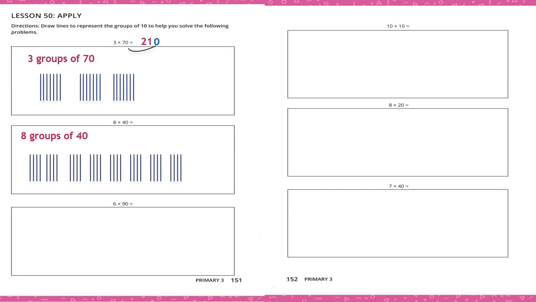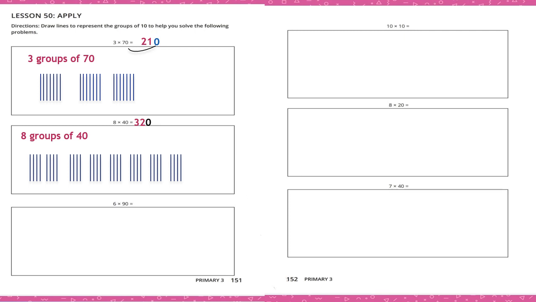So I can say 40 plus 40 plus 40 plus 40 and so on, 8 forties. But I can solve by the same way of multiplication. I can take 0 out, and 4 times 8 is 32. So the total will be 320.